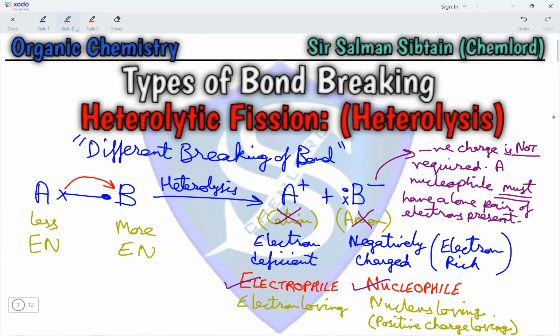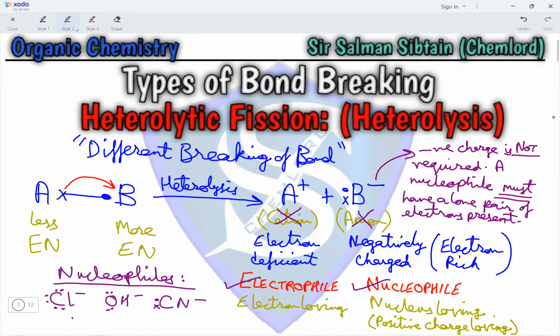For example, in order to classify nucleophiles, we can have a Cl negative ion because it will have lone pairs of electrons. We can have an OH negative ion because it will have lone pairs of electrons. We can have a CN negative ion because it will also have a lone pair of electrons like this.